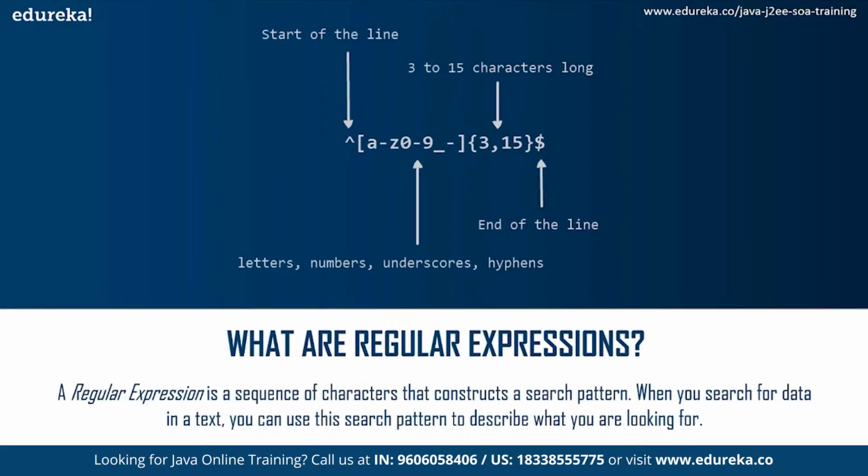So this is the basic regular expression where you can understand how you have to start writing a regular expression and how you can include the alphabets, the patterns, everything within the square brackets, and how to represent the length of the characters in curly braces, and finally the end of the line, right?